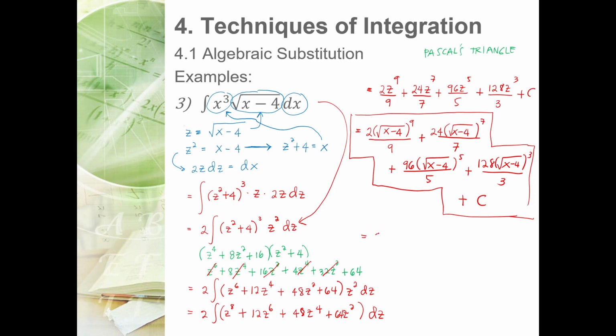So you may write it in this manner. 2 times (x minus 4) to the power of 9 halves all over 9, plus 24 times (x minus 4) to the 7 halves, then plus 96 times (x minus 4) to the 5 halves, then plus 128 times (x minus 4) to the 3 halves all over 3, plus c. So that's another way of writing your final answer.